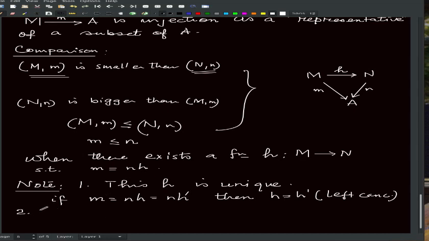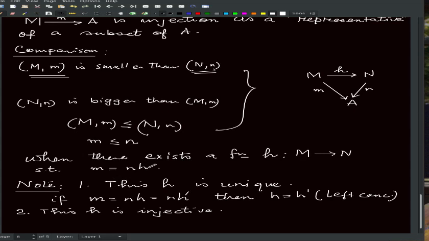Secondly, this h is injective. Remember we said, so m is equal to n h. Remember we said that if a composite of two functions is an injection, then the right hand one, so this h becomes an injection.